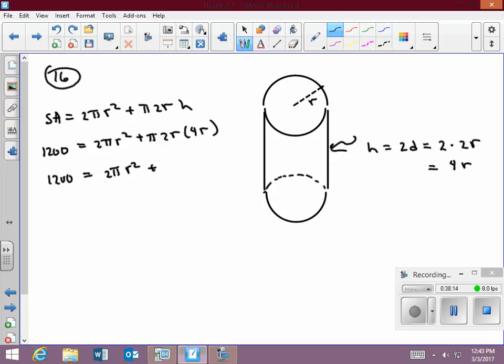Plus, this is 8 pi r squared, right? So we can factor out 2 pi out of there, and we have r squared plus, what is that, 4? Is that right? And this is 5r squared.